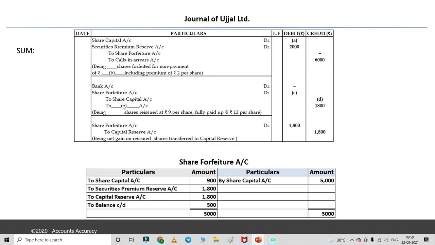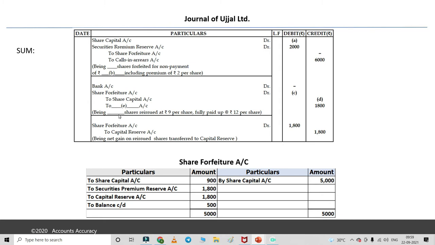Hence, as this is securities premium reserve account, we can easily find out the number of shares which got reissued, because 1800 is the total value of securities premium reserve and 2 rupees per share is the value of premium. So if we divide 1800 by rupees 2, we will get 900 shares which got reissued.